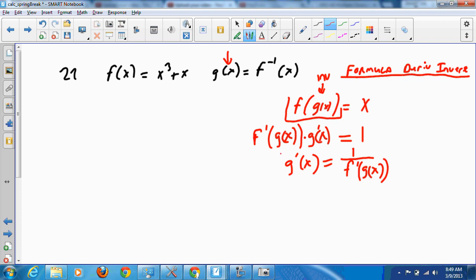This is basically a shortcut for you, in case you forget the derivative formula for an inverse function.